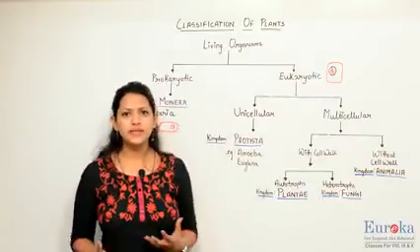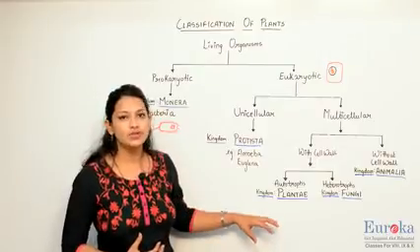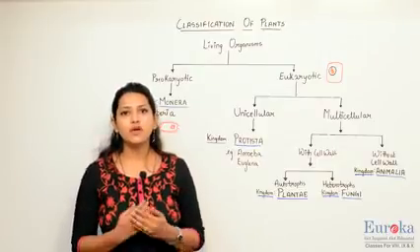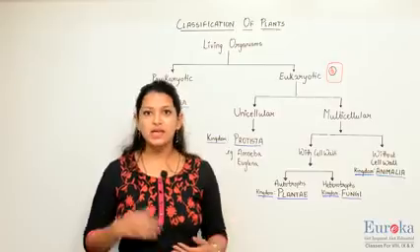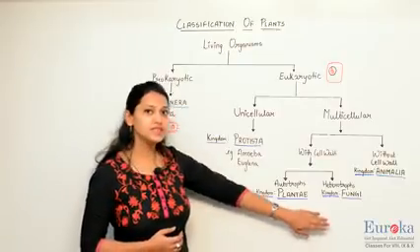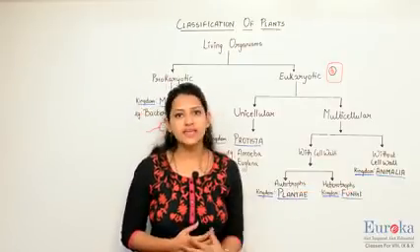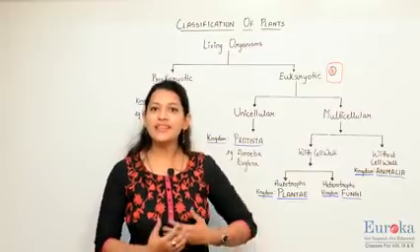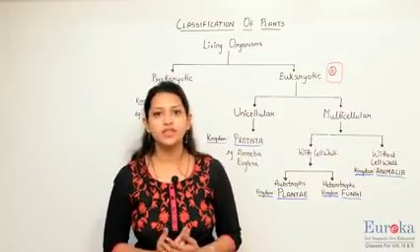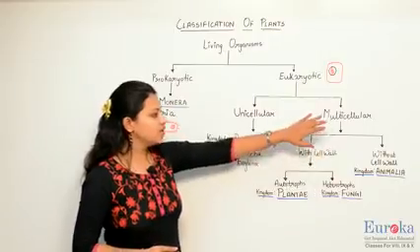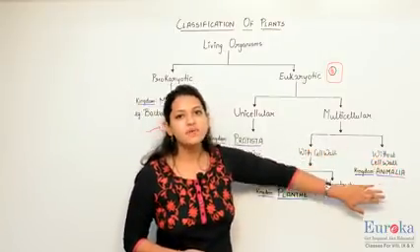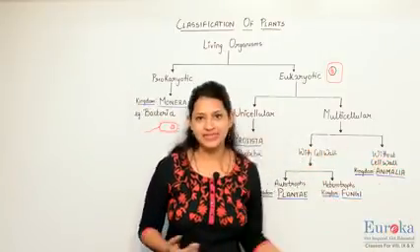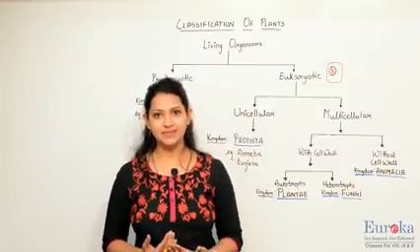What is the difference between them? Kingdom Plantae are autotrophs, meaning they prepare their own food with the help of sunlight and CO2. Whereas fungi are heterotrophs, meaning they do not prepare their own food and they depend upon other organisms for their nutrition. Multicellular organisms without the cell wall comprise the kingdom Animalia. For example, we, the animals.